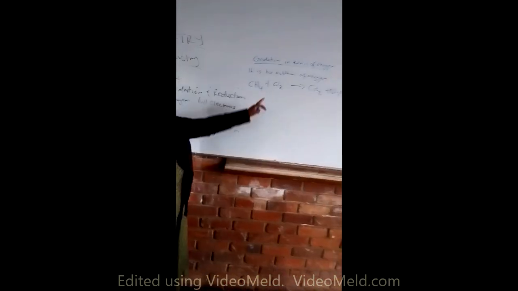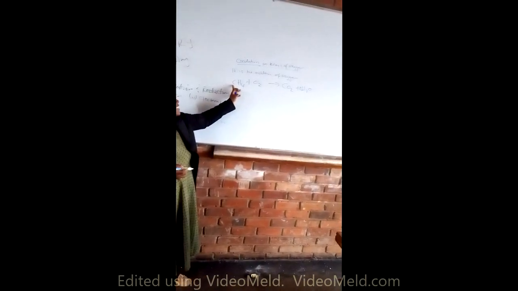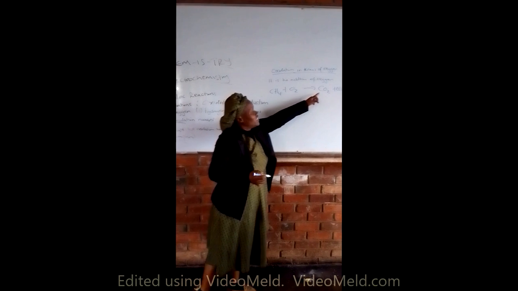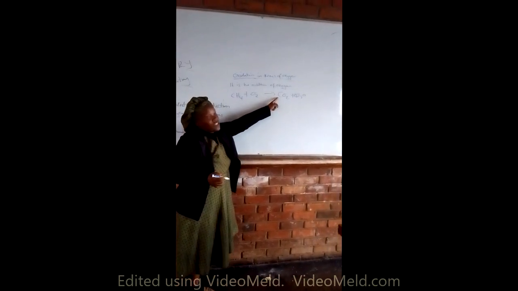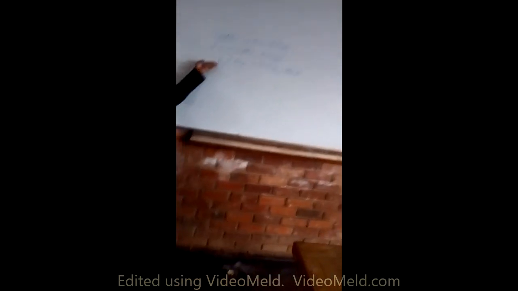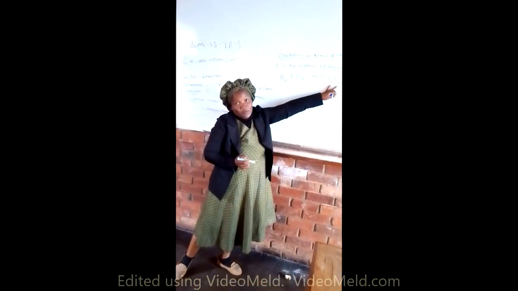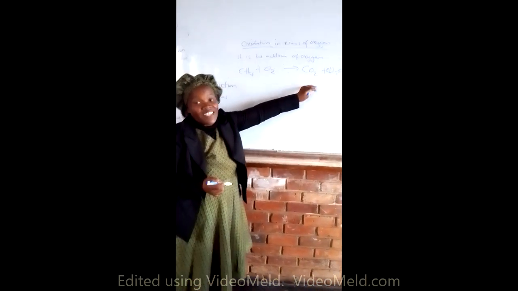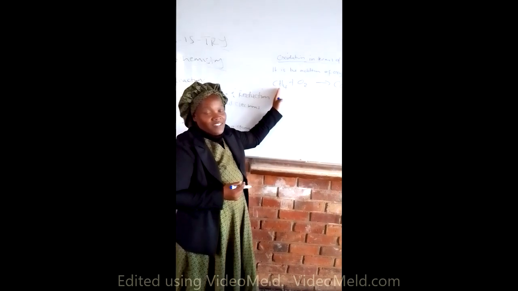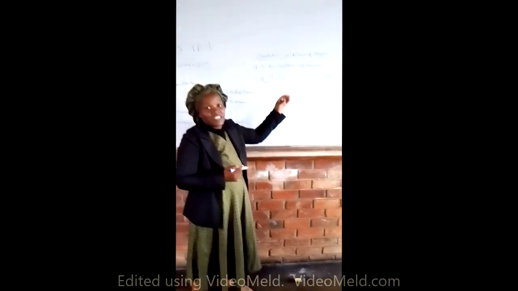We have added oxygen to carbon. So in this particular case, carbon has been oxidized. Why? Because oxygen has been added to the carbon. In the reactants, there is no oxygen, but in the products there is now oxygen. As a result, we can say the carbon in methane has been oxidized, simply because oxygen has been added to it.